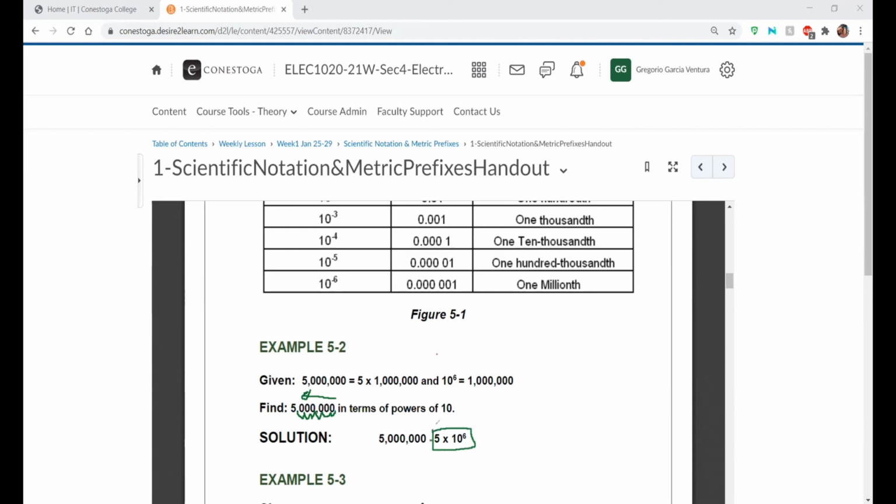This is the way we write it when we are expressing something in scientific notation.